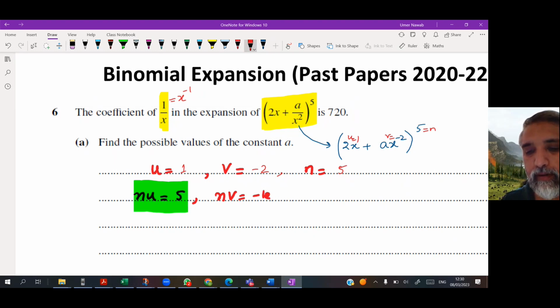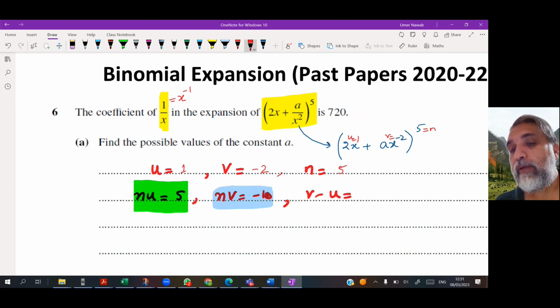This is the power of the last term in the expansion for x. And then v minus u is the value by which each term will be decreased. So v minus u is minus 2 minus 1, which is minus 3.